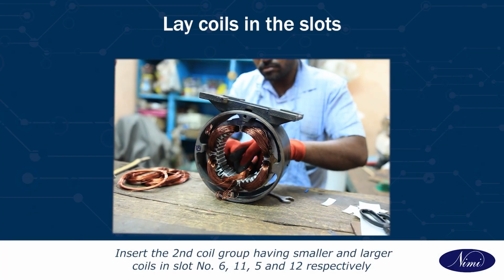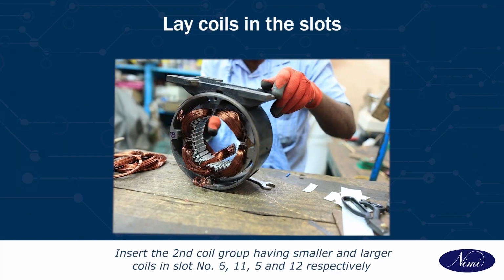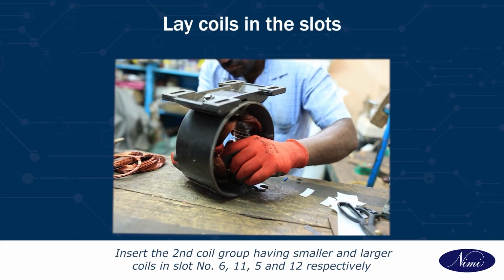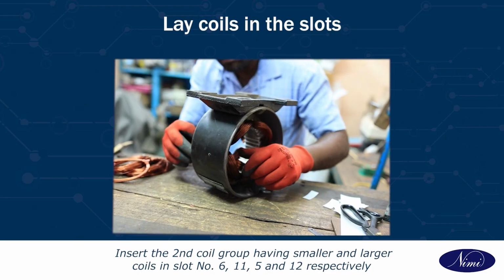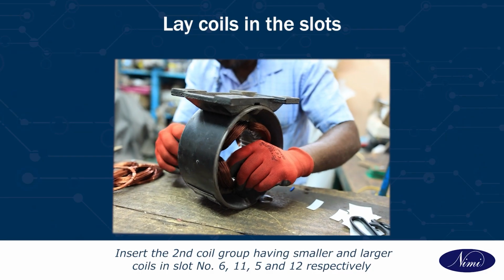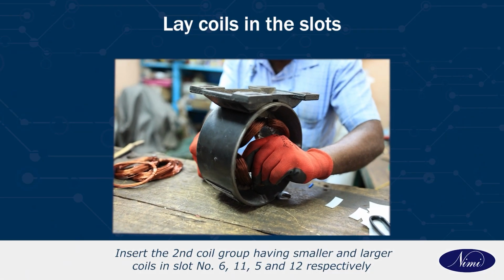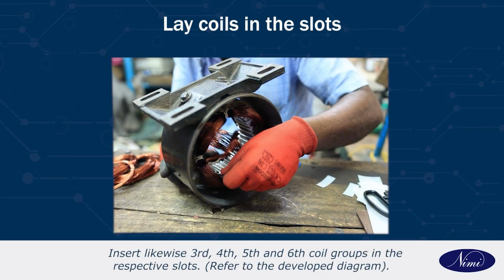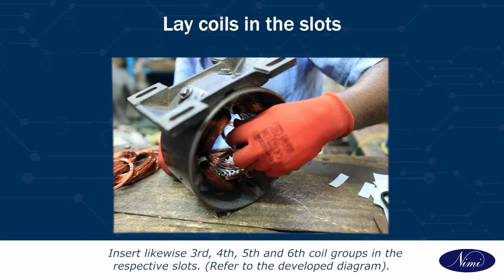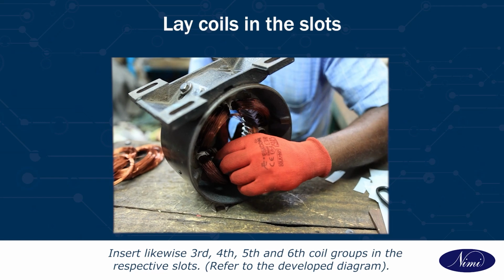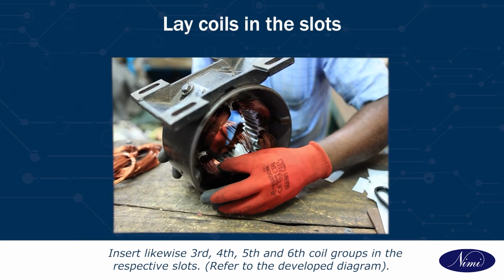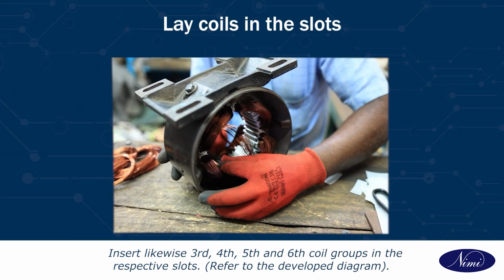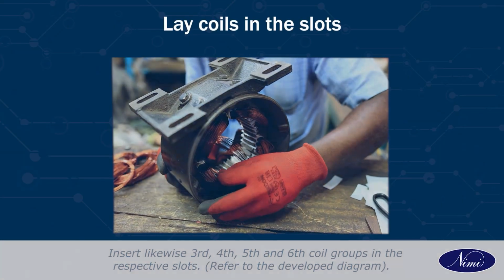Insert the second coil group having smaller and larger coils in slot number 6, 11, 5 and 12 respectively. Insert likewise third, fourth, fifth and sixth coil groups in the respective slots. Refer to the developed diagram.